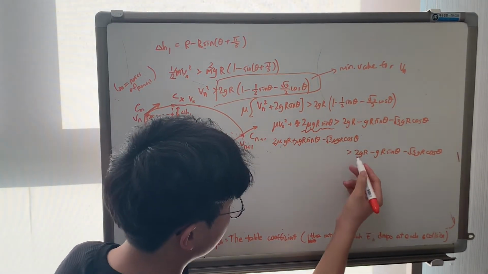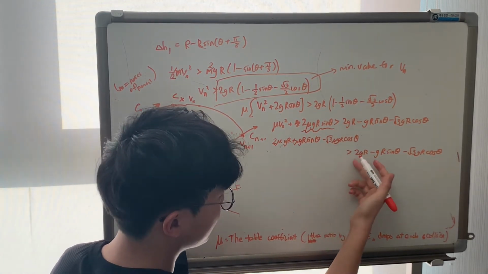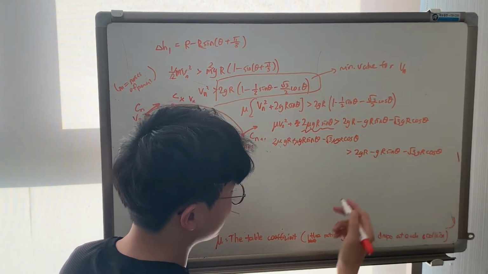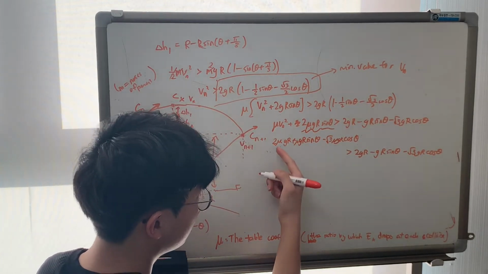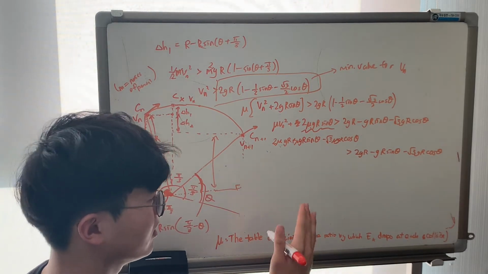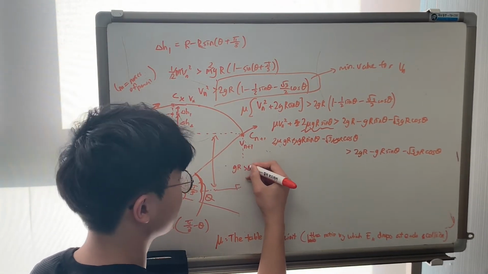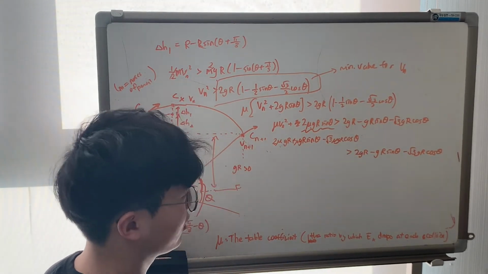And then I'm gonna substitute this whole value to both sides, and I'm gonna get 2 mu gr minus 2 gr. Before I do that, I'm gonna divide every term by gr. And we know that gr is always a positive number, so the sign of the inequality does not change.